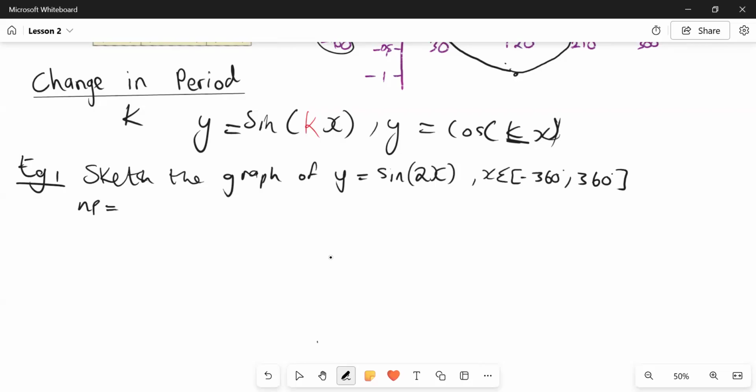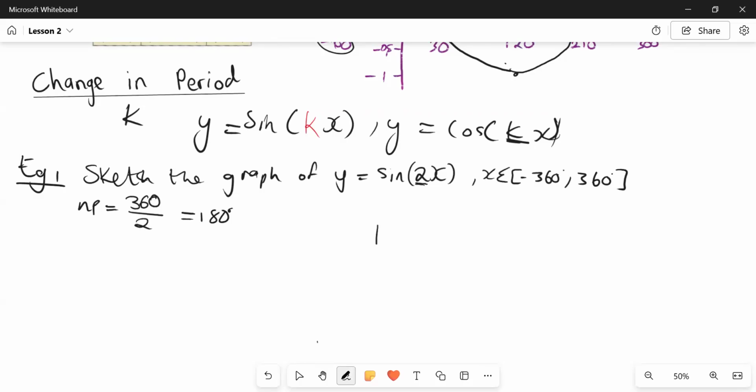The period of a sine graph is 360, so we divide the old, standard period by the value of k, and the value of k there is 2. We divide the period by 2, and then we get 180. So for every 180, you will get a complete cycle, right?